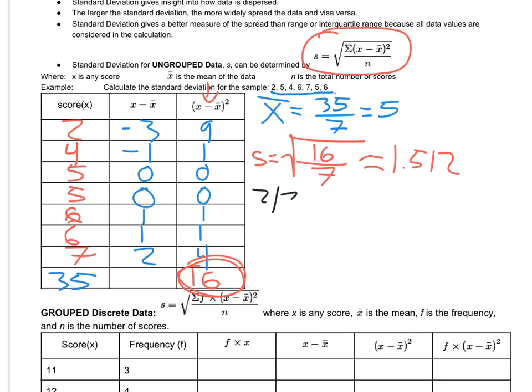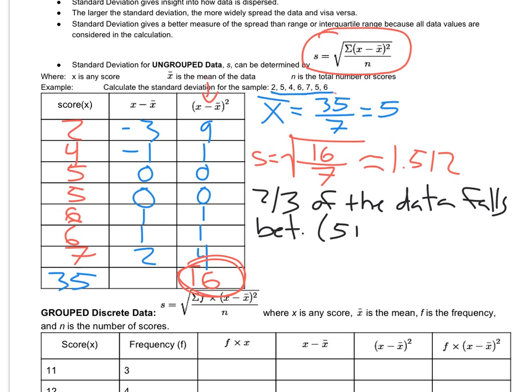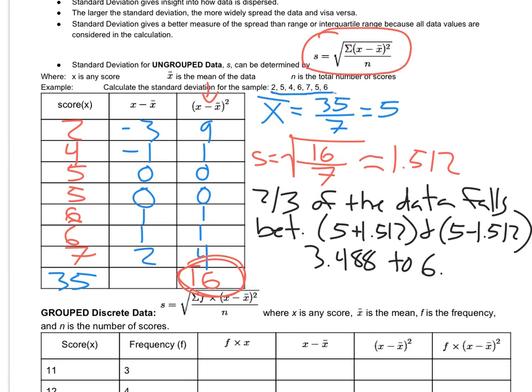So roughly 2/3 of the data falls between 5, that's the mean, plus the standard deviation, 1.512, and 5 minus 1.512, which if you figure those out, is 3.488 to 6.512. So according to this data, 2/3 of the data will fall between 3.488 and 6.512.